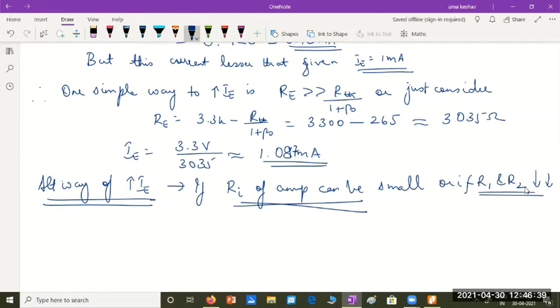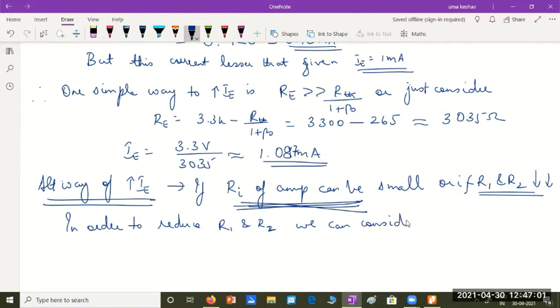If you can make R1 and R2 smaller, then automatically this RTH could be reduced. And in order to reduce R1 and R2, what can we do? We can consider larger current.